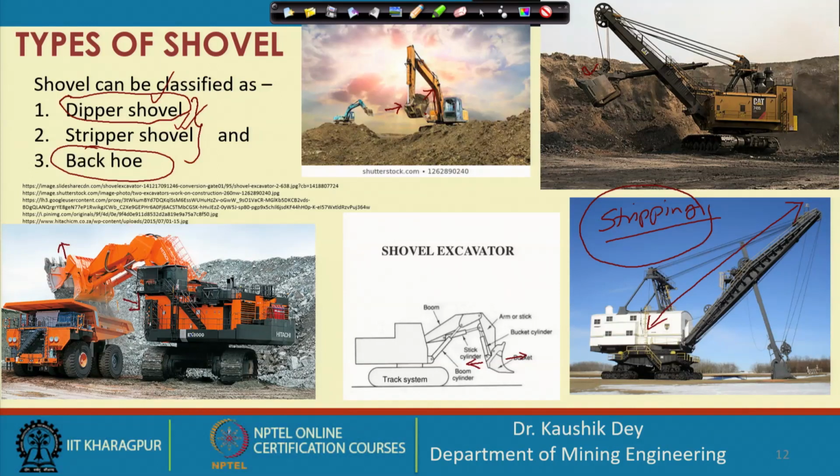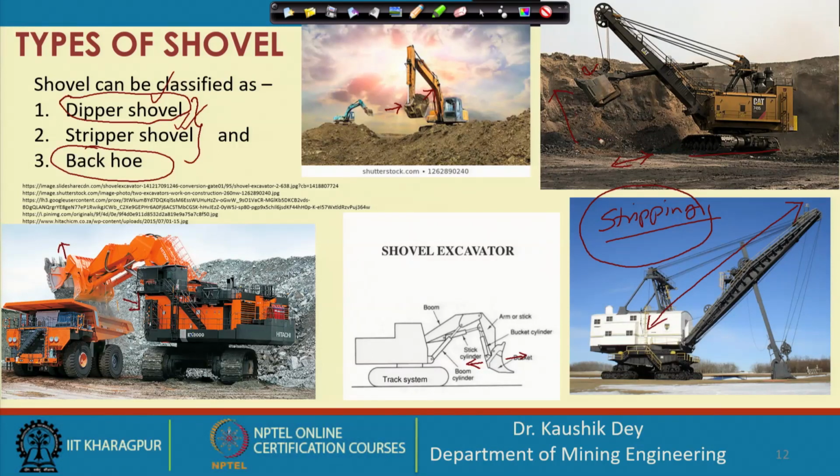So, that is why you can understand that the dipper shovel is good at digging towards the upward direction from the datum level on which the machine is standing.